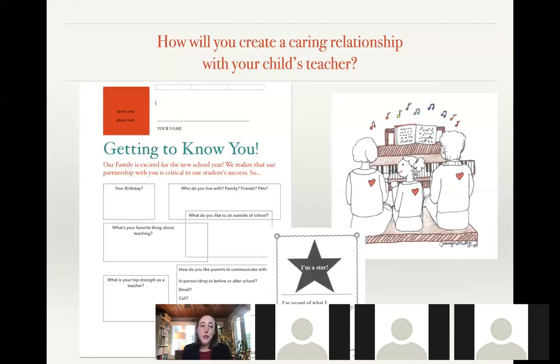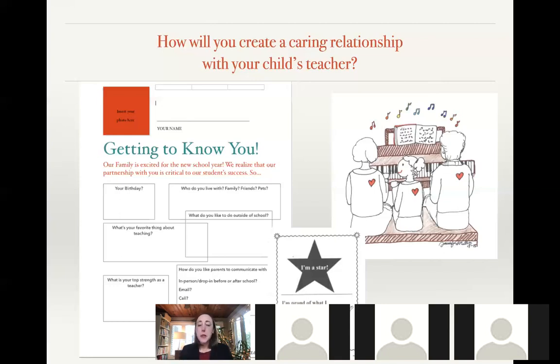Here's a picture of our child's name, his birthday. Here are some things about our family. And one thing that I encourage all families to be sure and do when you're initiating relationships with teachers, whether it's over screens or in person, is to find out in the beginning of the school year, and it's never too late, how does your teacher want to be communicated with best?